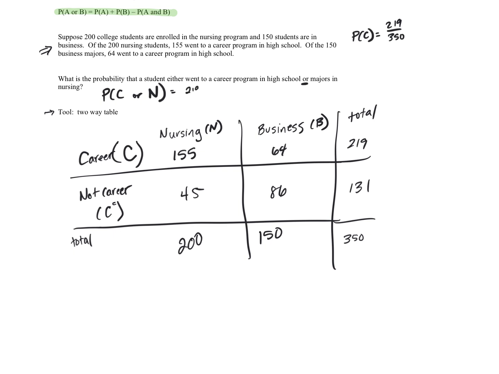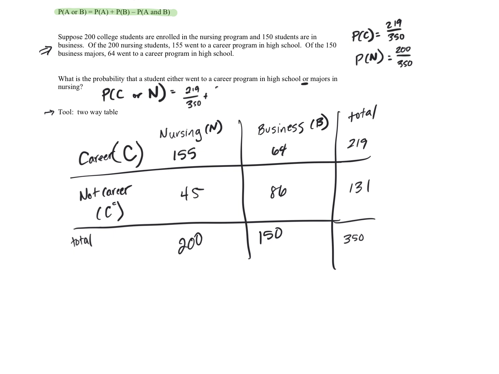All right. Addition rule says they add. What is the probability somebody is a nursing student? 200 out of 350.